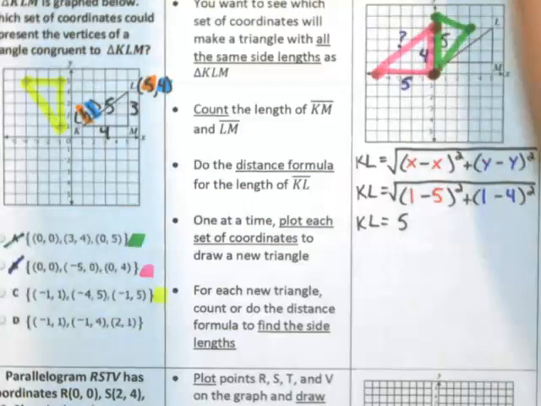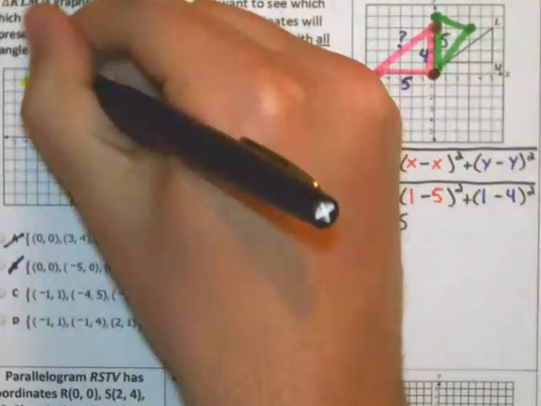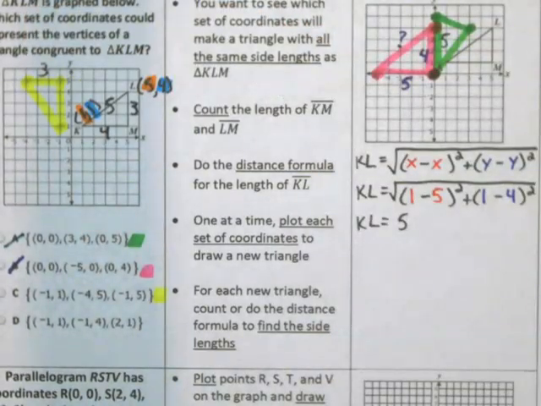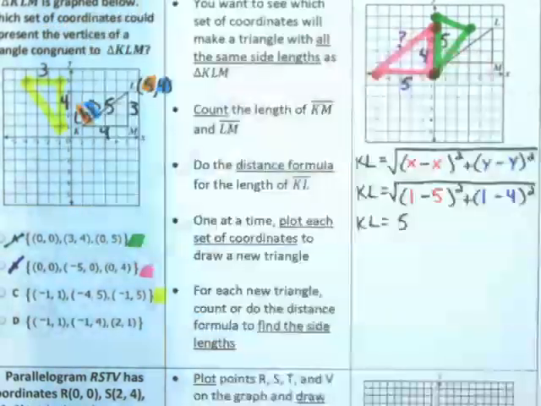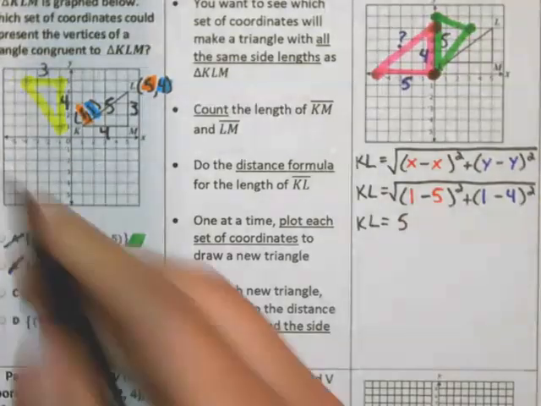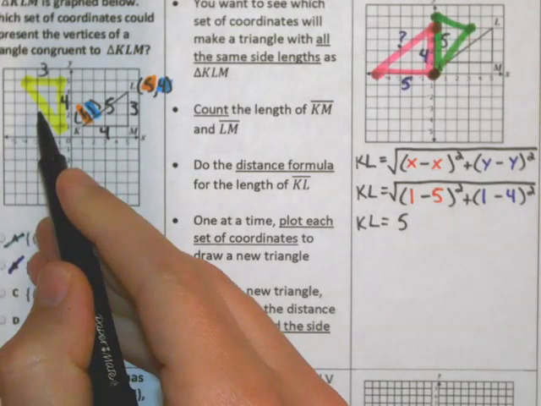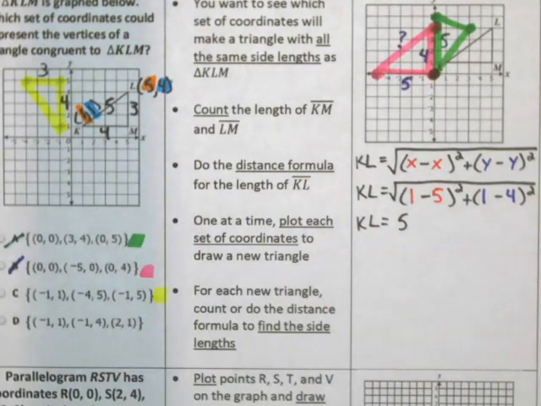Remember, we're looking for obvious sides of 3 and 4, and a distance formula side of 5. Well, there's an obvious side of 3. There's an obvious side of 4. We're on the right track. Let's do the distance formula to make sure that this last side is 5.